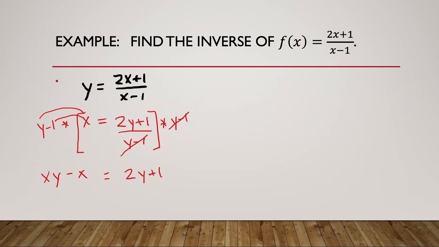The next thing that I want to work on is getting all of the terms that have a y value, because remember I'm trying to solve for y. So everything that has a y on one side of the problem and everything that doesn't have a y on the other side. It doesn't really matter what order we move things in. I'm going to start with this 2y and subtract it off of both sides of the expression.